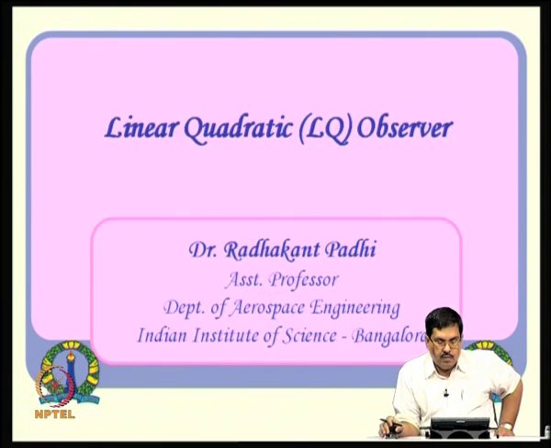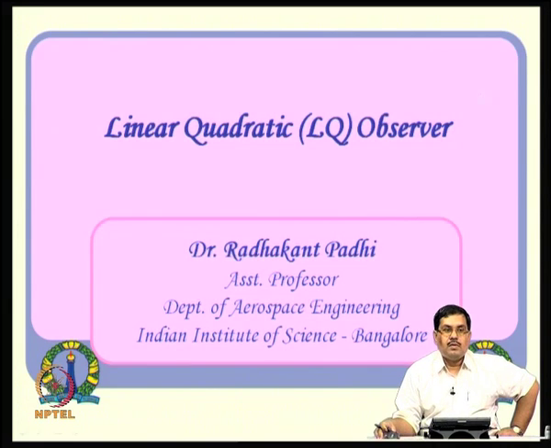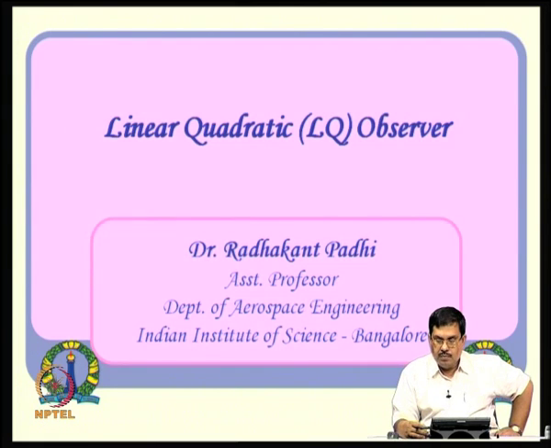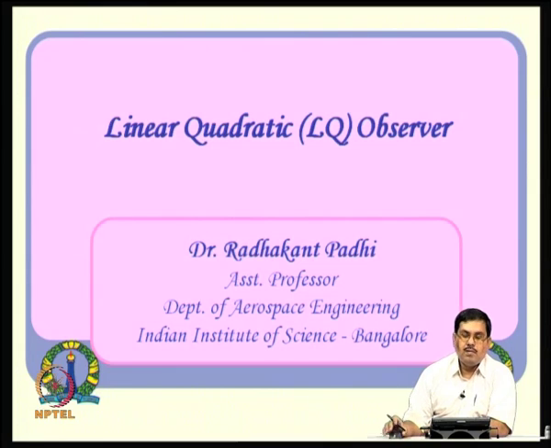The second bigger advantage is that this gives us a platform to develop towards the Kalman filter, which is even more elegant. Having said that, you can also note that this LQ observer is actually nothing but a special Kalman filter, and hence even if you have noise input in the system, it is capable of filtering it out.